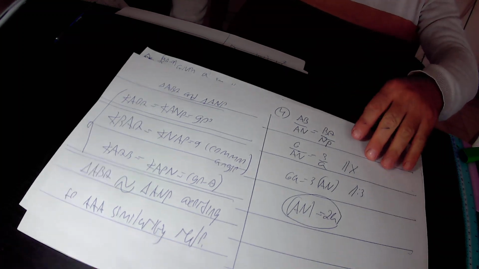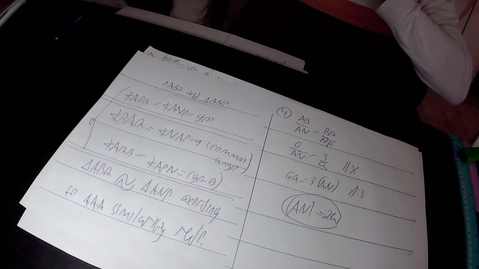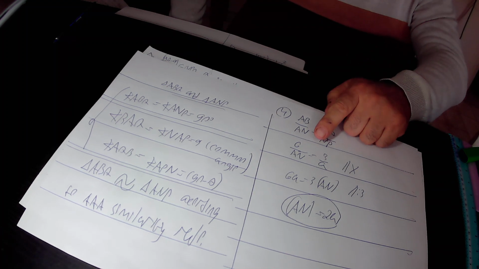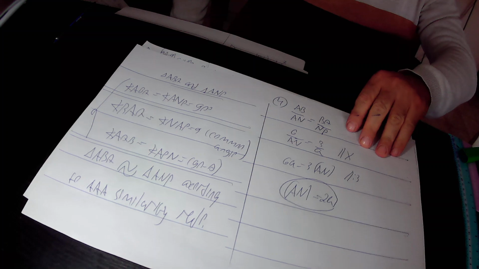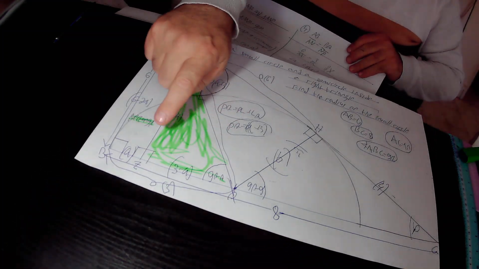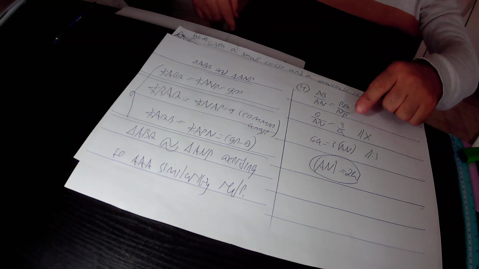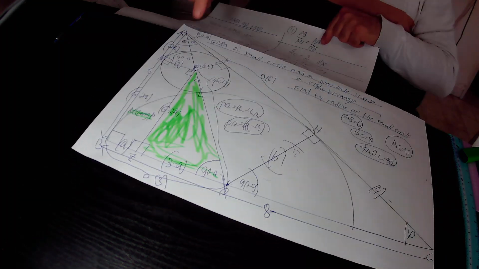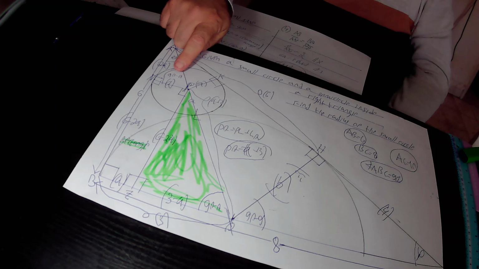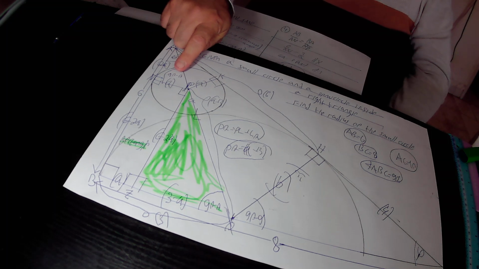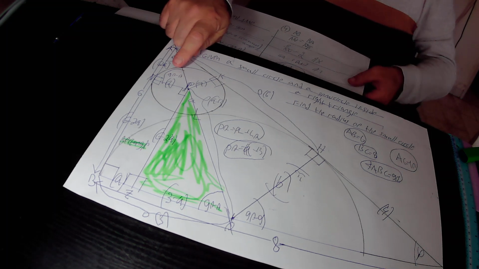AB is 6, AN is the missing side, so we leave it as it is. BQ is 3, the radius of the big semicircle. NP equals A, the radius we are looking for, the radius of the small circle.